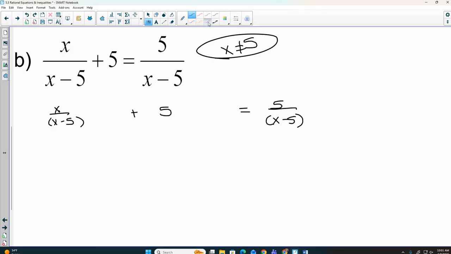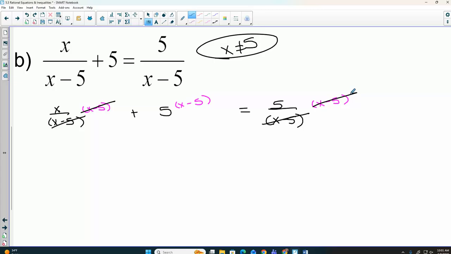All right, term by term. If I want to get rid of this denominator, I have to multiply by x minus 5. If I do it on one term, I do it to every single term. That's each thing separated by addition and subtraction. So then, these cancel, these cancel.